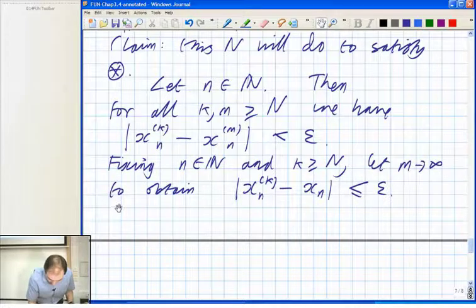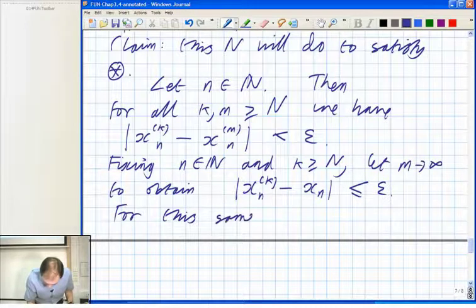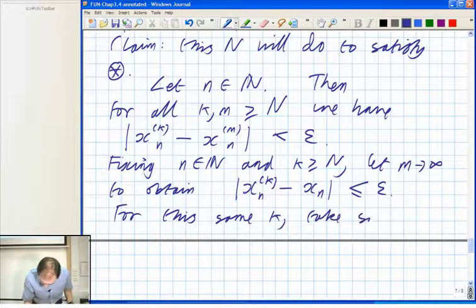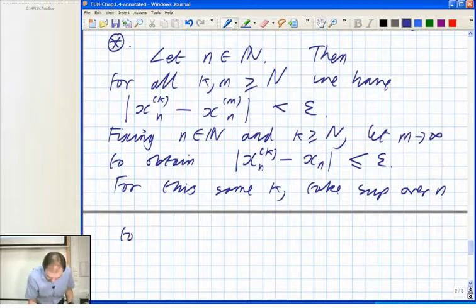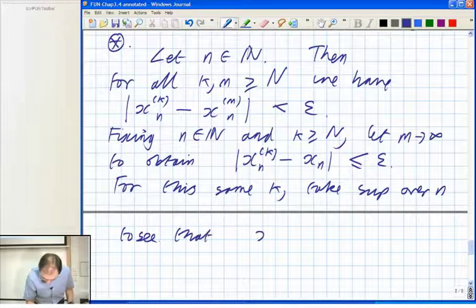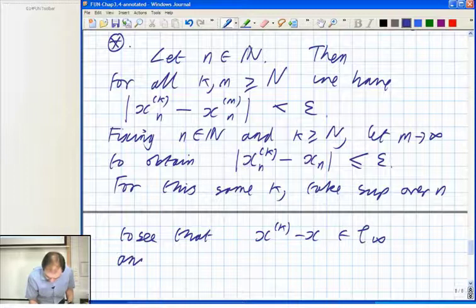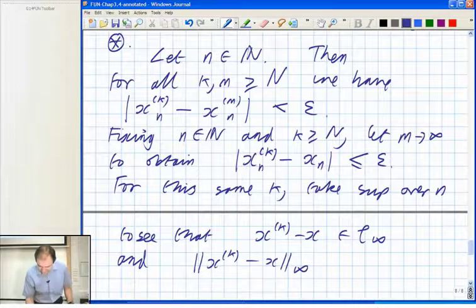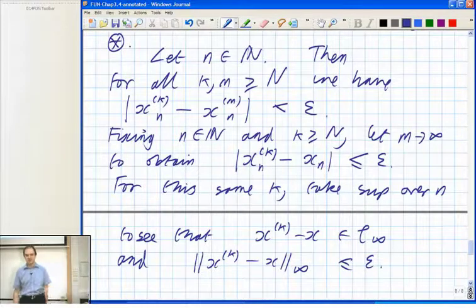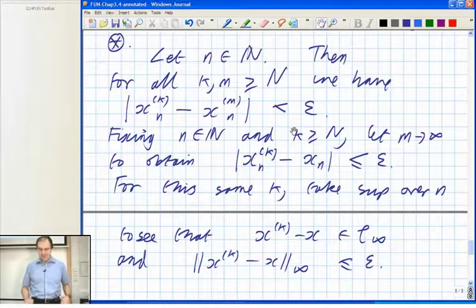So for this same k, take the supremum over n, to see that x_k minus x really is in L infinity, and that the sup norm of x_k minus x is less than or equal to epsilon, as claimed, because this worked for every n and every k greater than N, and so you're allowed to take one of those and let the other one vary, and that's what we did here.